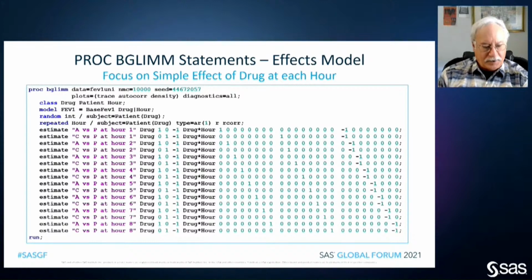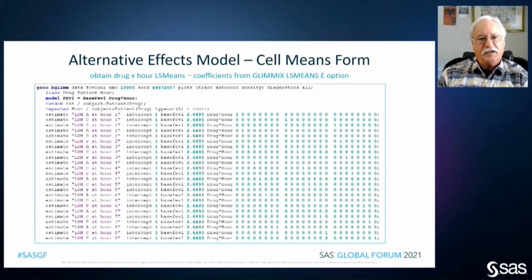The other thing that you would want to do would be to get the least squares means for all the treatments at all the hours. So to do this, I kind of reframed the model statement. So here I've gone to the cell means form. We've got the baseline, and then we've got just drug by hour.